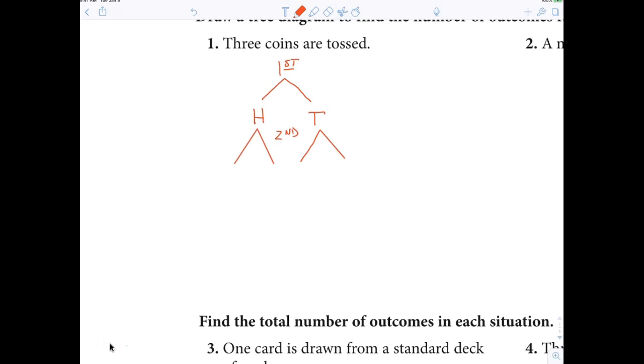Nope. You can't get the same thing when you flip it. You can either get a head or a tail. So what I'm going to put down here is your option if you get a head and your option if you get a tail. And then we're going to get heads or tails again. That's your second.